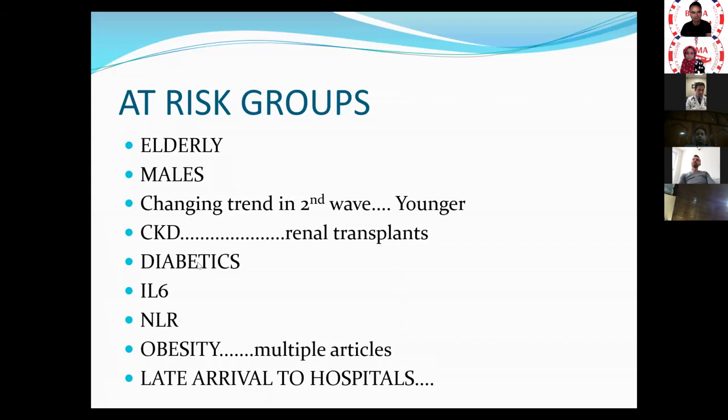And among investigations, I found that if the log of IL-6 over a period of 8 to 10 days is sharply rising, it becomes an independent indicator of mortality. And as Dr. Farooq rightly said, NLR. This study we have already published in the Journal of the Association of Physicians of India, from our Department of Medicine, Sher-i-Kashmir Institute of Medical Sciences, in the May 2021 issue.